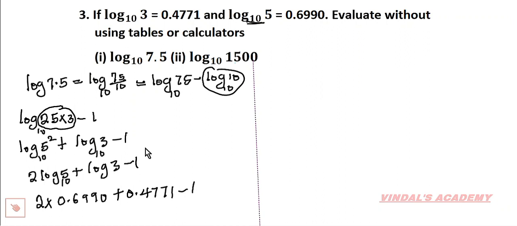So I'm going to say 2 times 0.6990, then plus 0.4771, then minus 1. So my answer is going to be 0.8751.